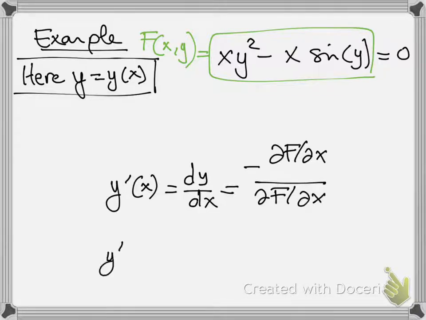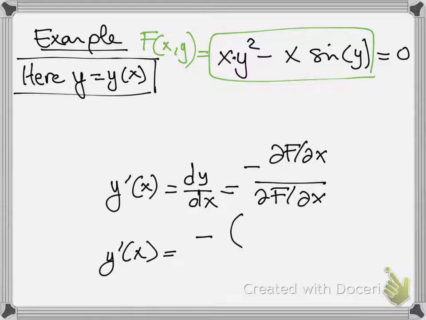So then y prime of x. What's minus partial f partial x? Derivative of f with respect to x. So we consider y as a constant. So the derivative of x y squared, y squared is constant. You can use the product rule if you want: the derivative of x would be 1 times y squared plus x times the derivative of a constant, which is 0.